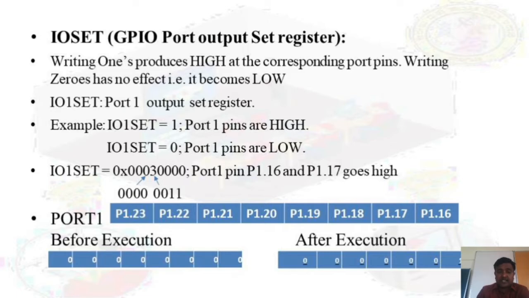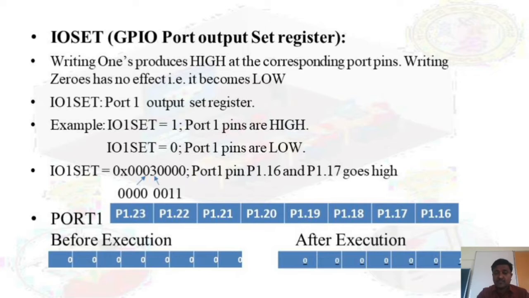For example, as shown here, IO1SET equal to 0x00030000 makes port 1 pins P1.16 and P1.17 go high. That is, 3 can be written as 0011, covering P1.19 to P1.16.